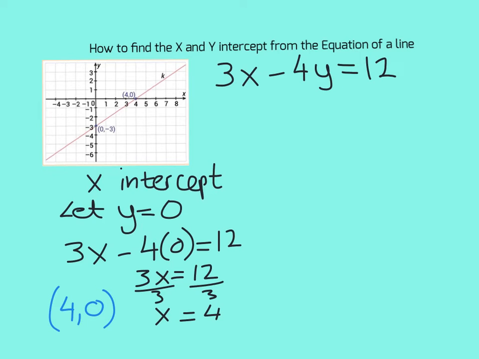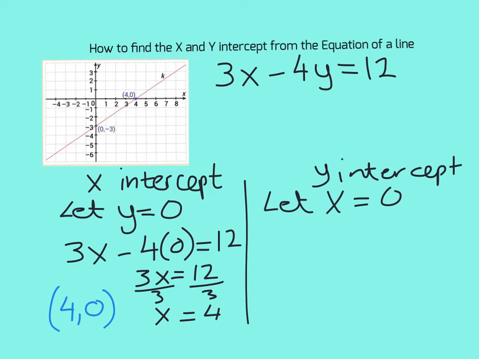If I want to find a y-intercept, I let x equal 0. Now sometimes we write let x equal 0 just so the examiner knows what we're doing. So 3 by 0 minus 4y equals 12.